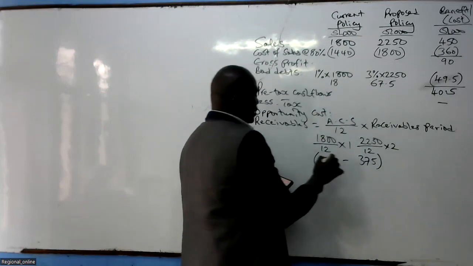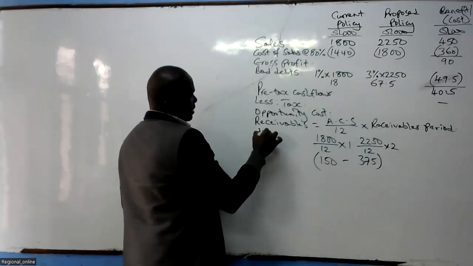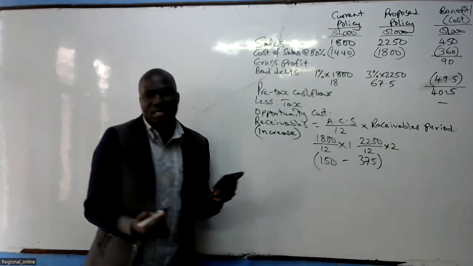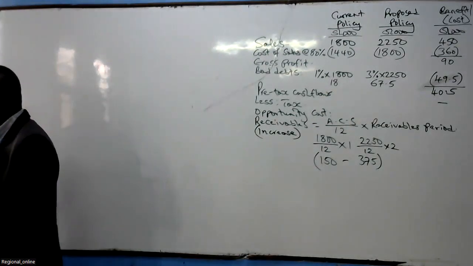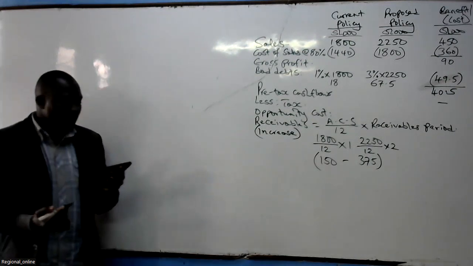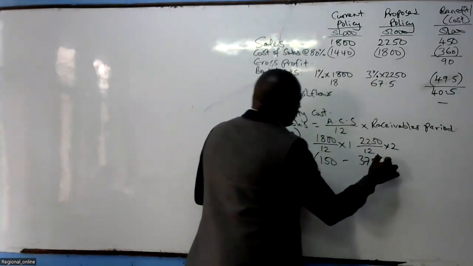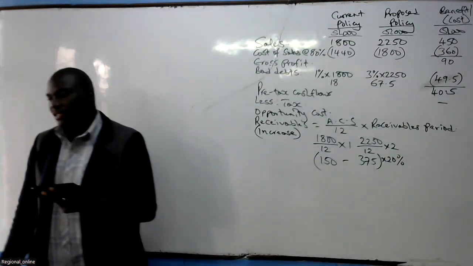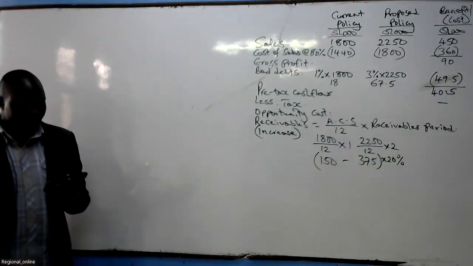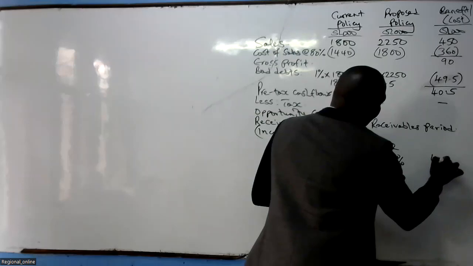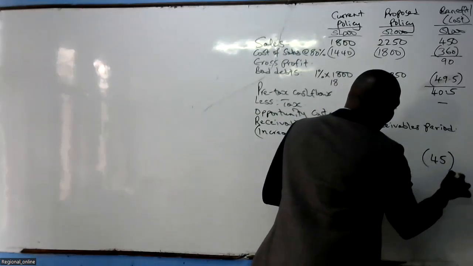Increase or decrease? So there's an increase in debtors. Are we happy? You cannot be happy when debtors go up. And the opportunity cost, what is the cost of capital? It's 20%. So the difference at 20% is how much? 45. And that is the cost.